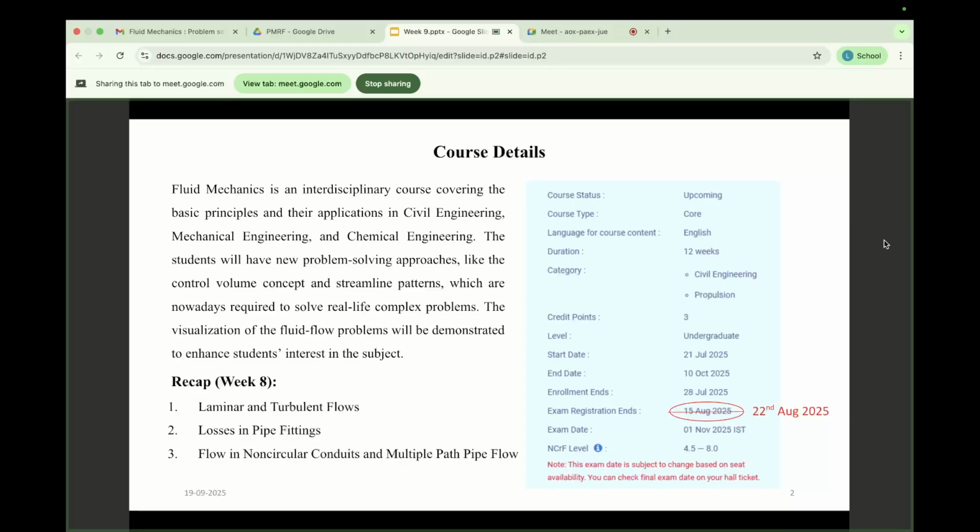In the last week we discussed various types of flow, which include laminar flow and turbulent flow. We also studied losses in pipe fittings and how to solve such problems, and we went through a few numericals. Also flow in non-circular conduits and multiple path pipe flow.